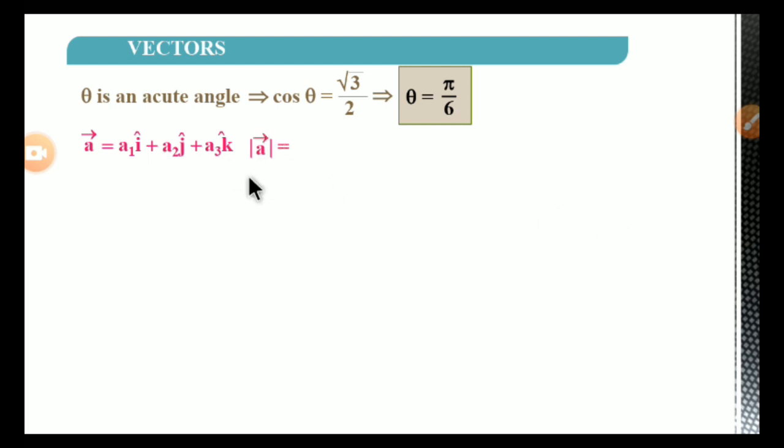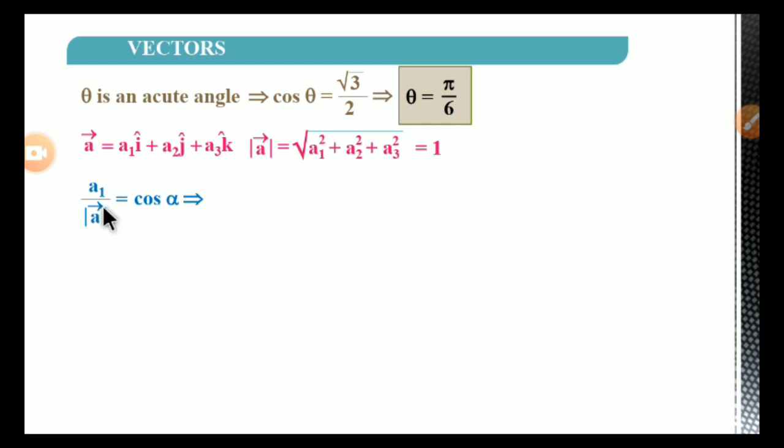Now the magnitude of vector A is the square root of a1 square plus a2 square plus a3 square, that is equal to 1. So a1 divided by the magnitude of vector A is equal to cos alpha, because cos alpha is the direction cosine.